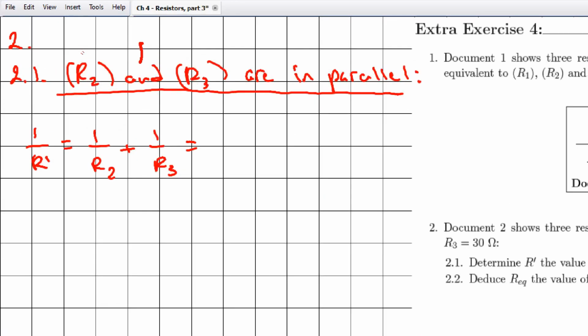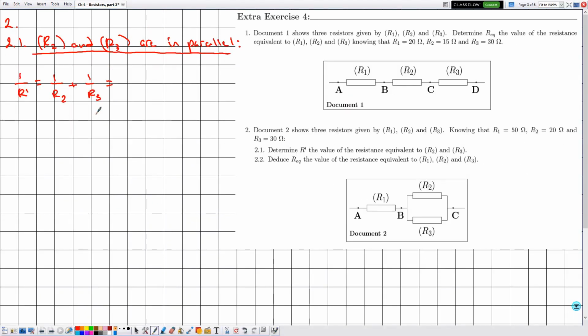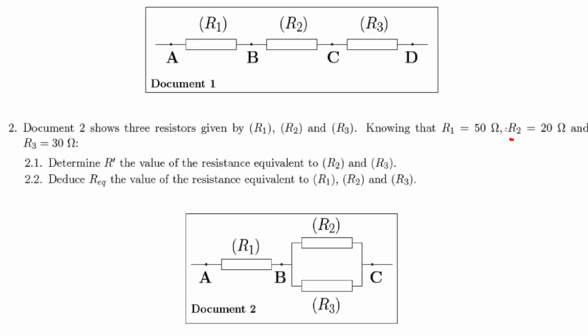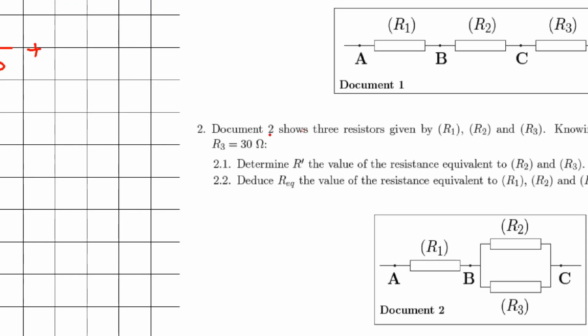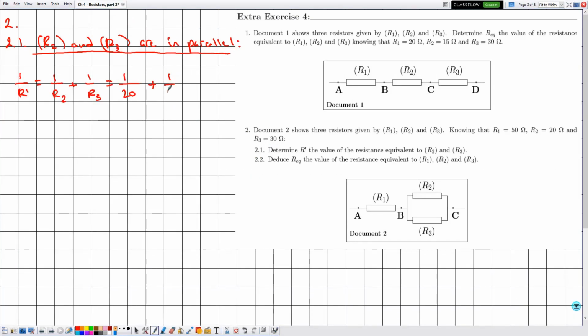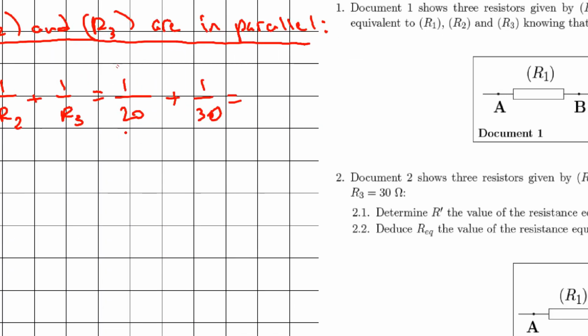Notice that this statement, they usually give it half a mark, and for this formula, they give it 1 over 4. Now, the value of R2 is given by 20, so 1 over 20, plus the value of R3 is given by 30. Now here we need to be very careful because we are adding 2 fractions, so we need to consider the common denominator, then the simplest form.